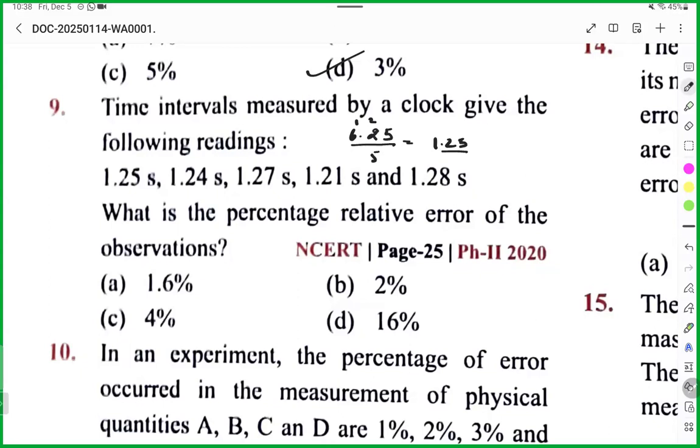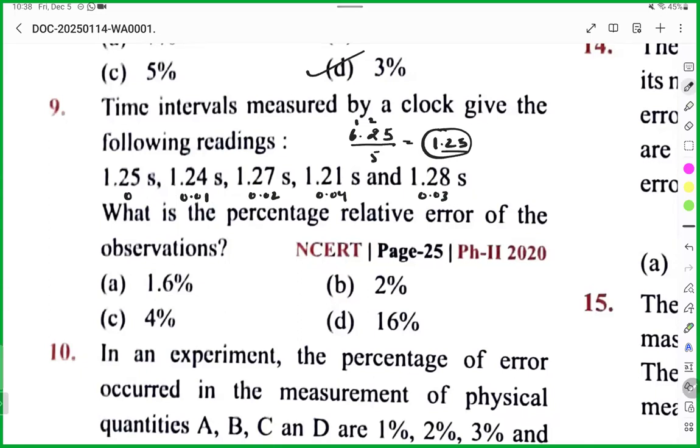Correct? This is the true value of time. Now you have to calculate delta t. What will you do? Comparison. Here 0, here 0.01, here 0.02, here 0.04, here 0.03. Understood what I am doing?